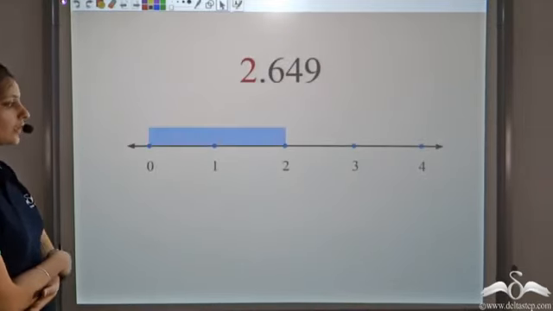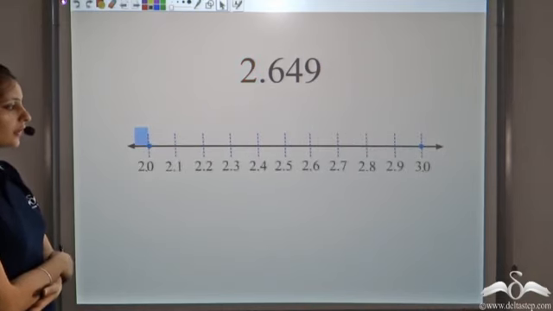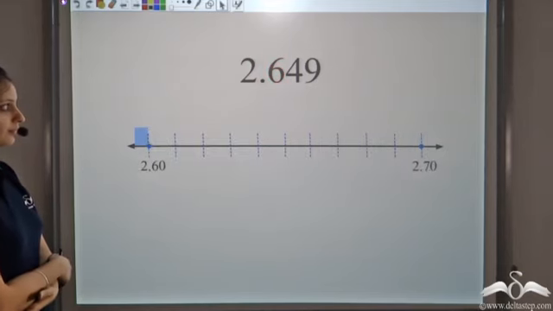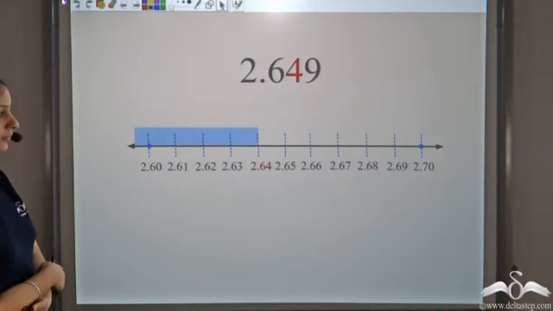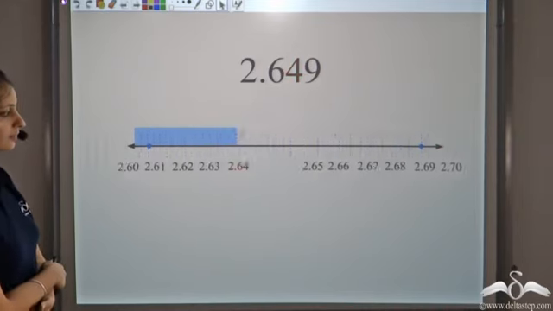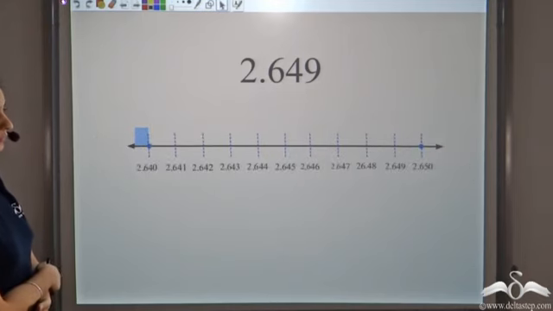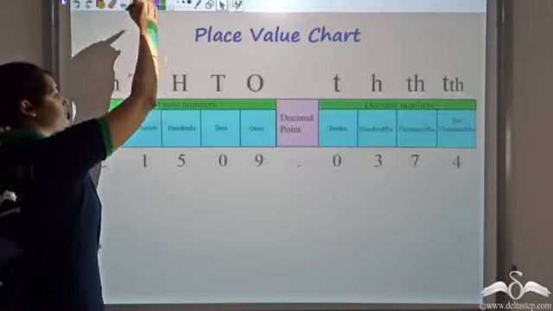So we have 2 units plus 6 tenths of a unit plus 4 hundredths of a unit plus 9 thousandths of a unit. So this is what 2.649 is on a number line.